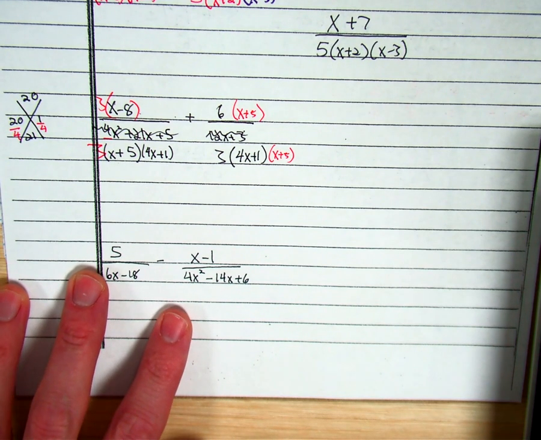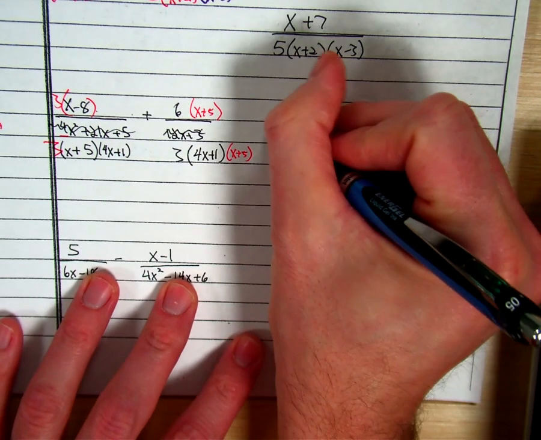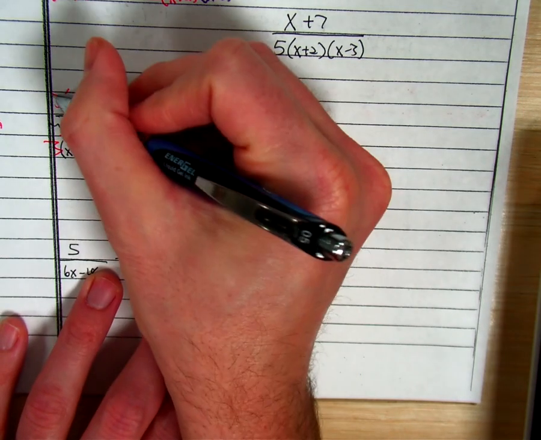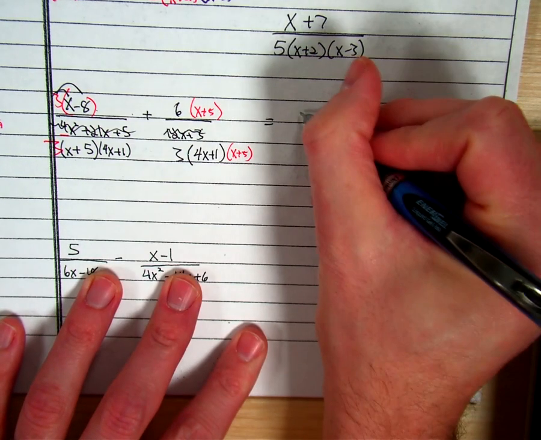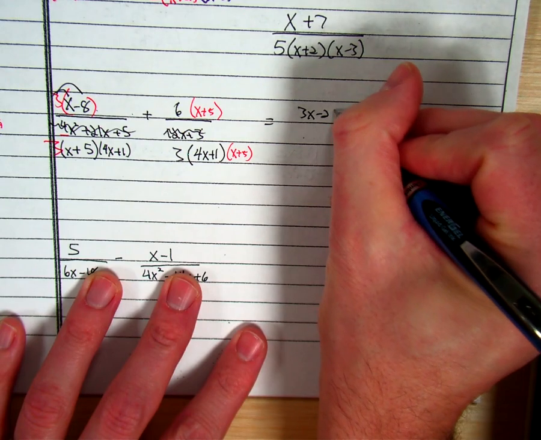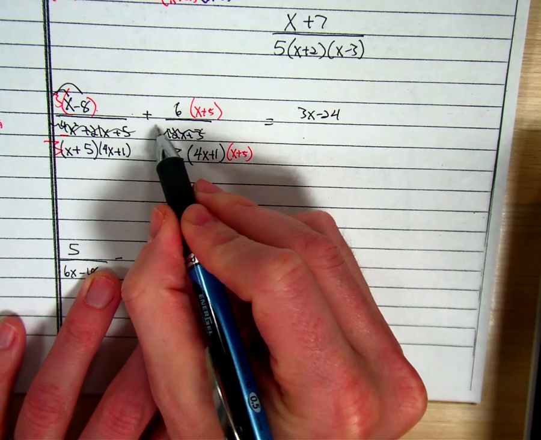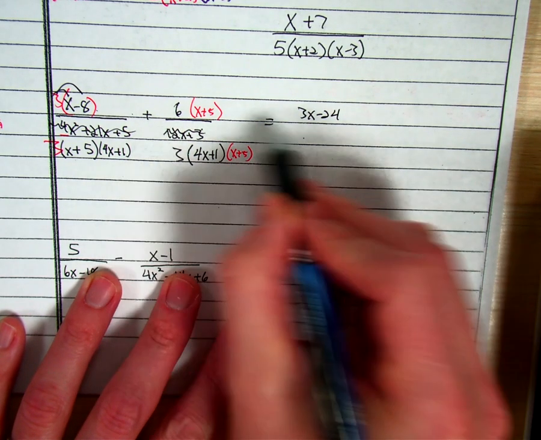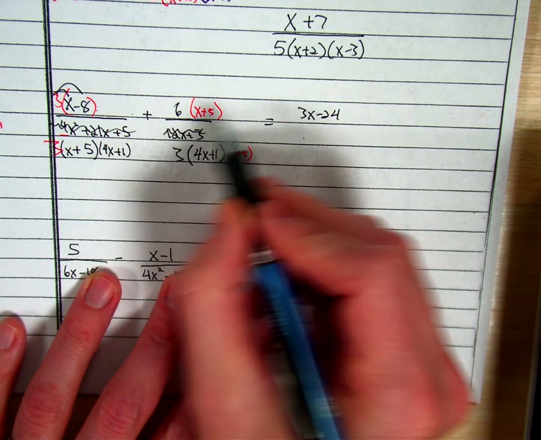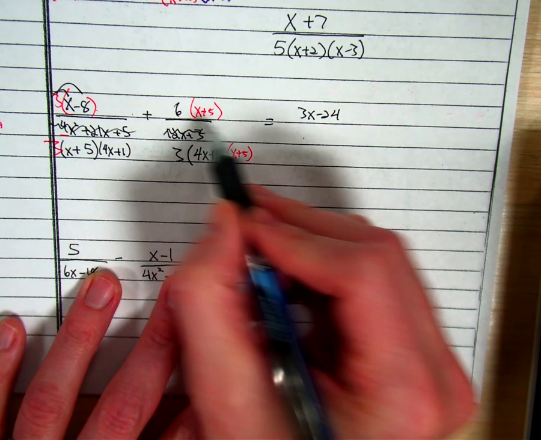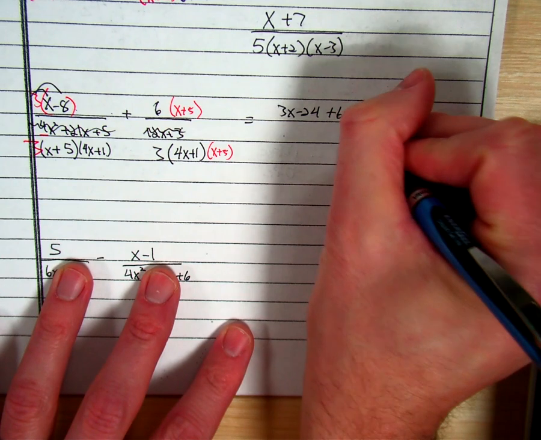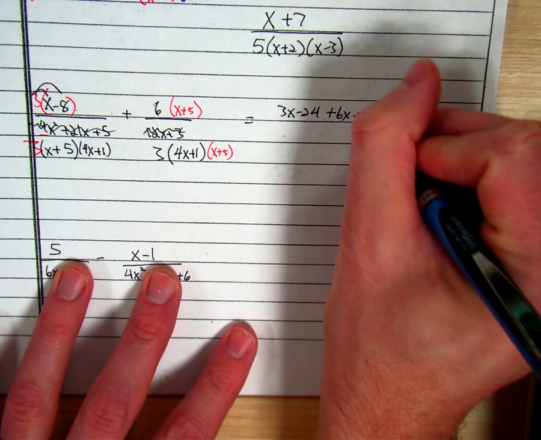All right, let's see what we get. So we'll have 3x minus 24. That's a plus, so I don't need to worry about taking that negative sign with it. It's a plus this time, so 6x plus 30.